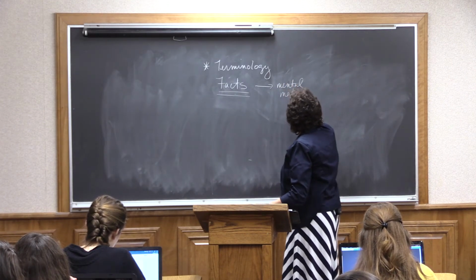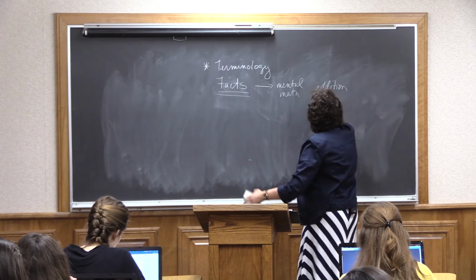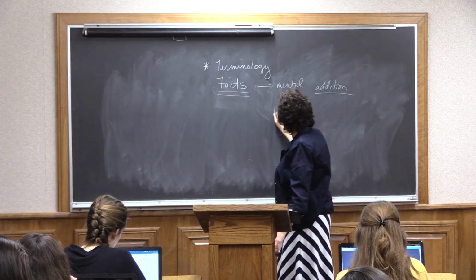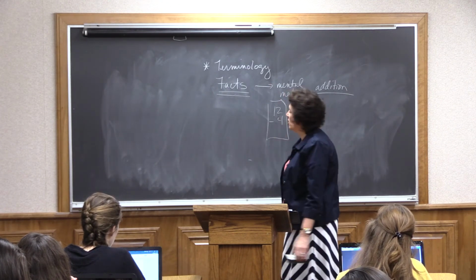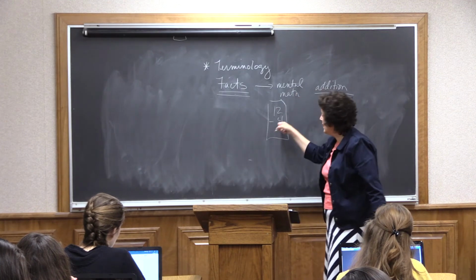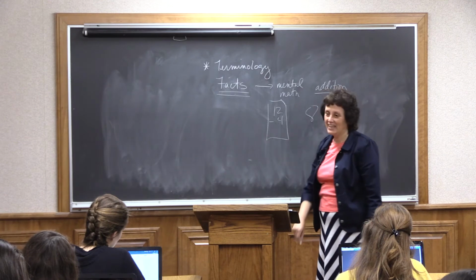And how am I going to do it? I'm going to do it through addition, not subtraction. I might have 12 here on my flashcard. 12 and negative 4, what can I use? Good old subtraction. That's still 8.